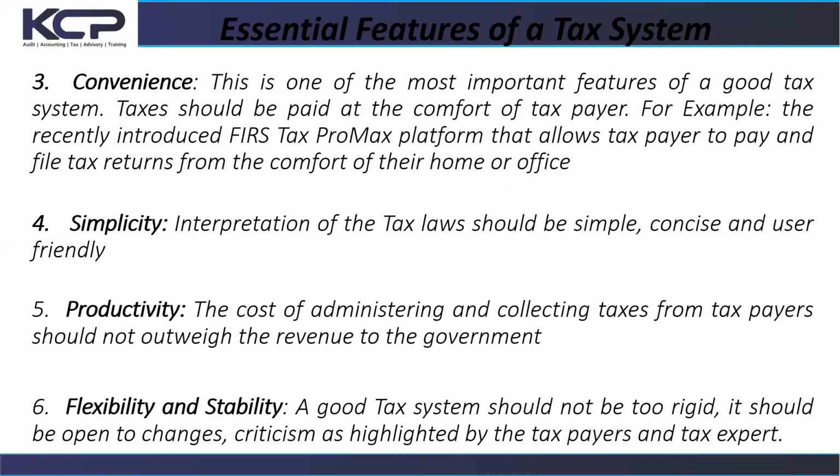Then the canon of convenience. Unfortunately, across the world, nobody actually wants to pay tax. Nobody wishes to pay tax. So one could argue that all the tax systems across the world will probably fail this canon. But convenience, what are we saying?